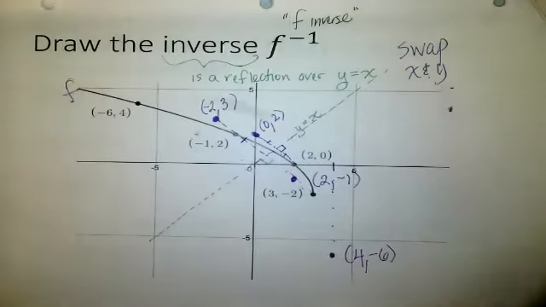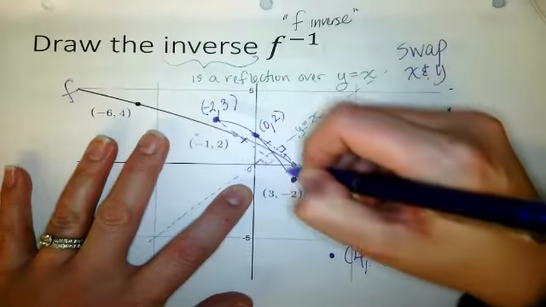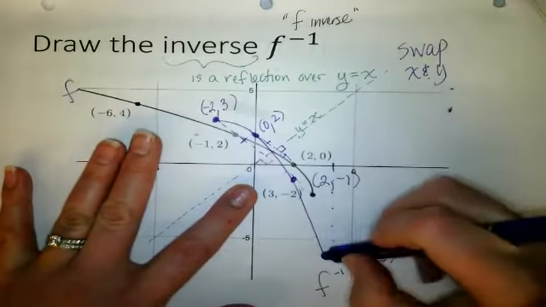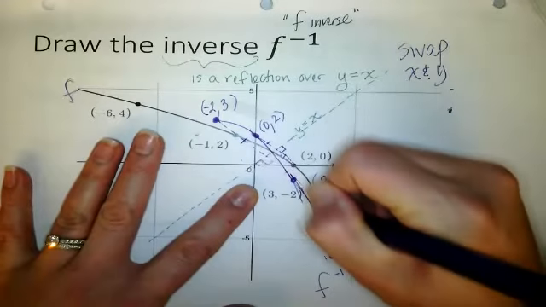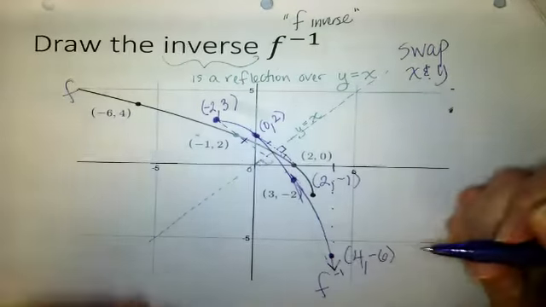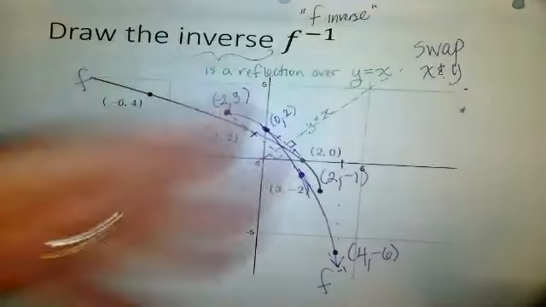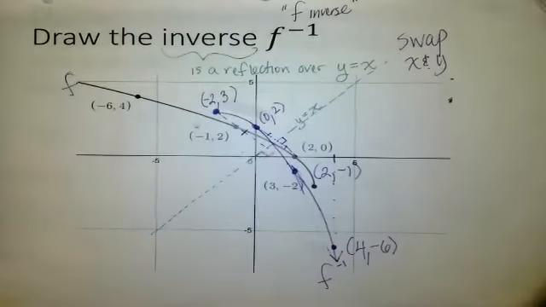They really just trade places, and it looks like this. So this is our inverse function, f inverse. You can see how it's like a reflection over that line. It looks pretty good, actually.